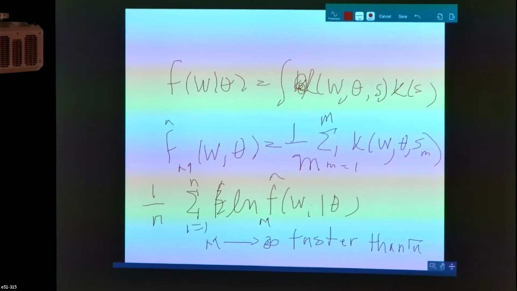That's important because there are lots of models where you might want to simulate the likelihood, and people make this mistake a lot.